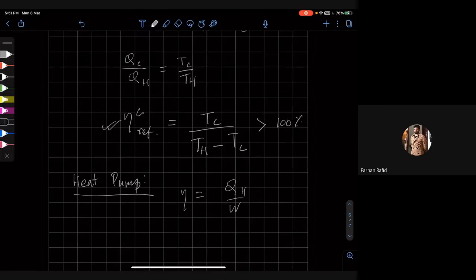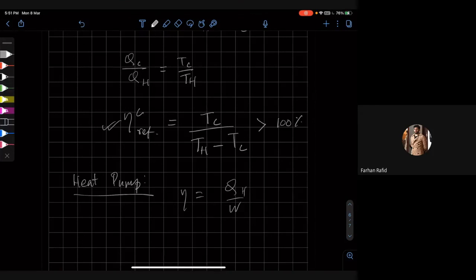All right. So, any other questions? Sir, if it wasn't an ideal engine, what would we have to consider in the equation QC by QH equal to TC by TH? How would that be changed?